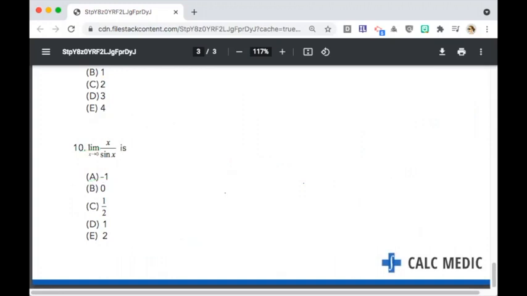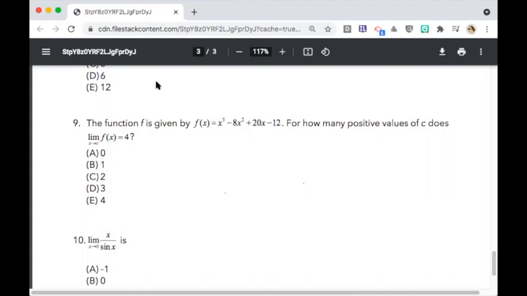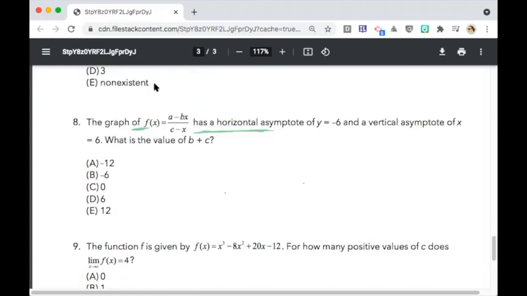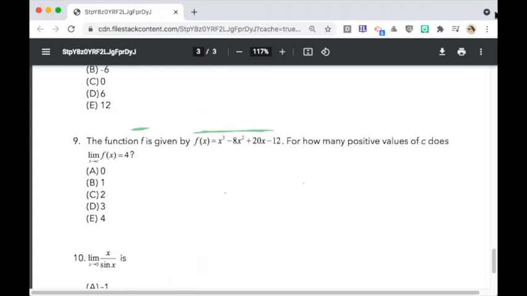Let's see if I can clear all this. Okay, so then we have 9. All right, it says the function of f is given by this. It says how many positive values of c does this give us? So I think on this one was a calculator one.